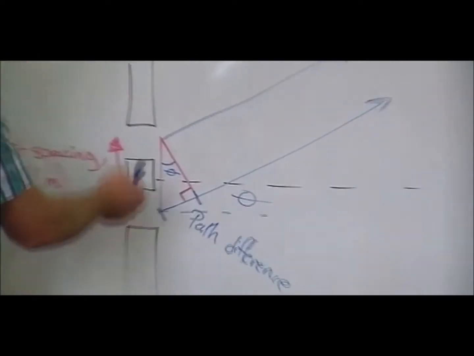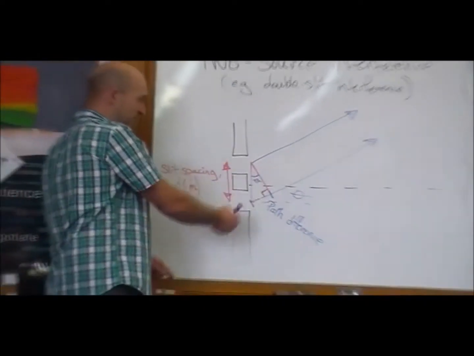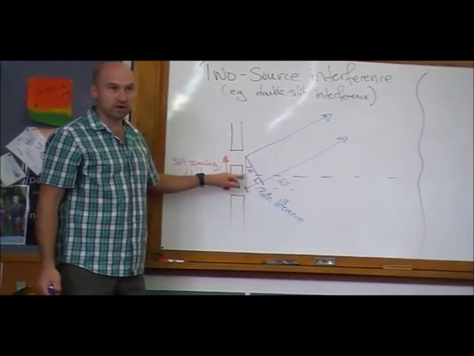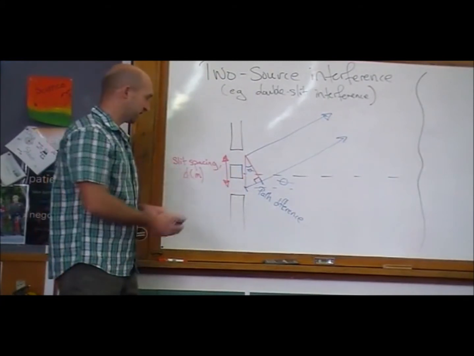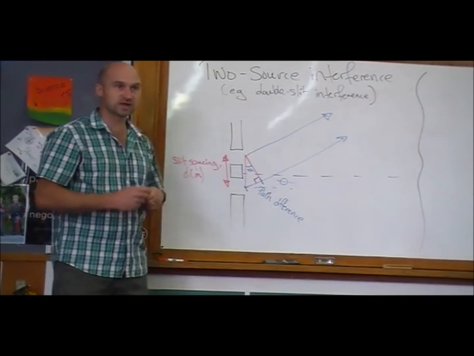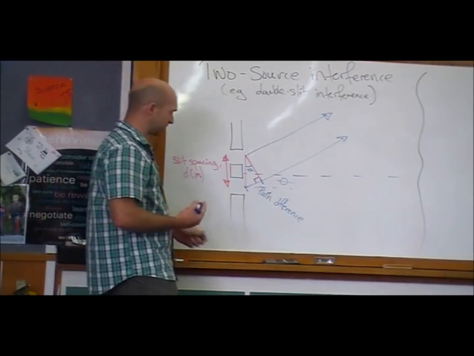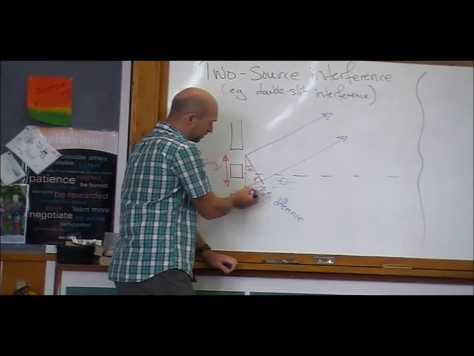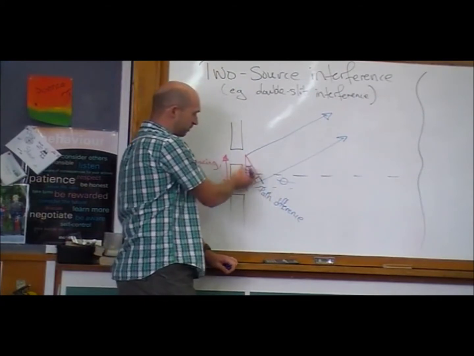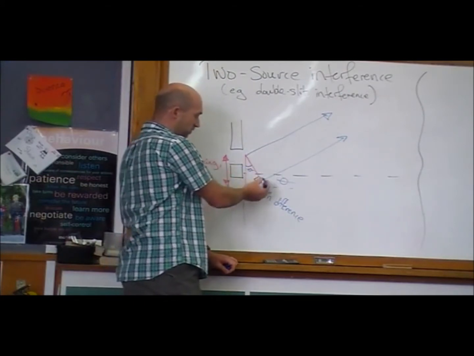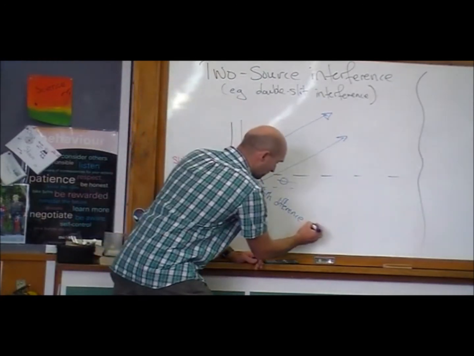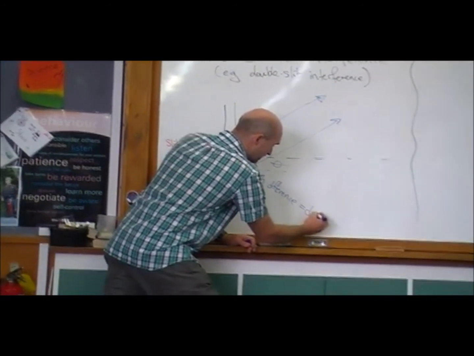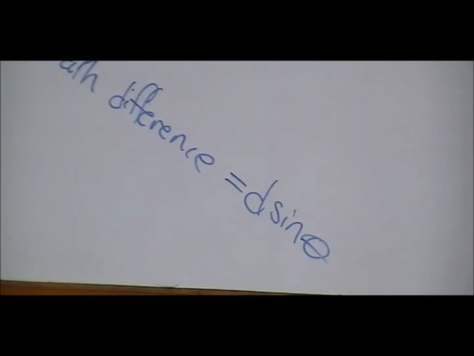And this bit of the triangle, the hypotenuse, is the slit spacing. So check this out. From that triangle, we know the hypotenuse, we've got an angle, and we're trying to find the opposite. We can see that the path difference must be equal to d sine theta.